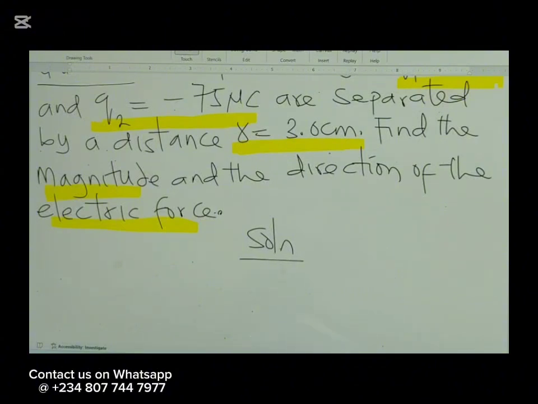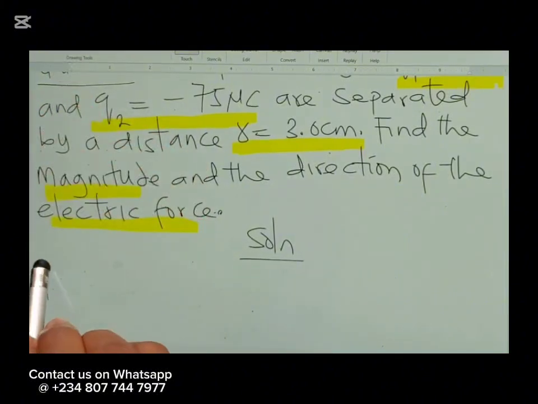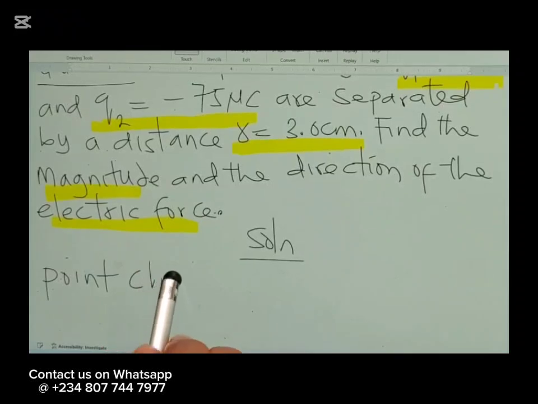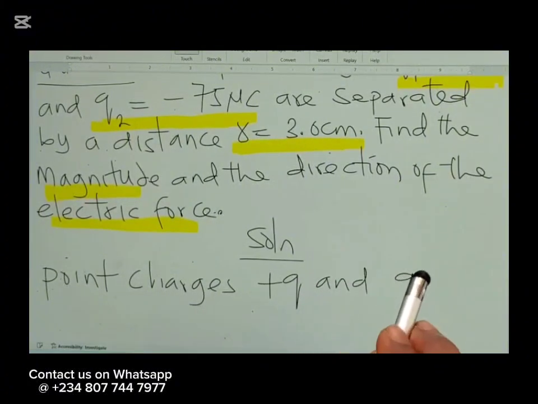Please take note. Whenever I say two point charges, this word some persons don't understand. Point charges simply means plus Q and minus Q. That means the charge can either be plus or minus.